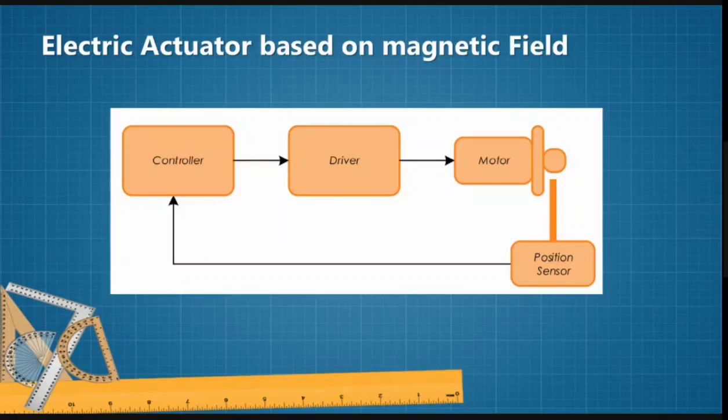Electrical energy is always available on a ship. The electrical energy is used to actuate a mechanical system using a magnetic field. For example, electrical motors, DC or AC motors, to operate a valve, and magnetic valve actuators or solenoid valves.